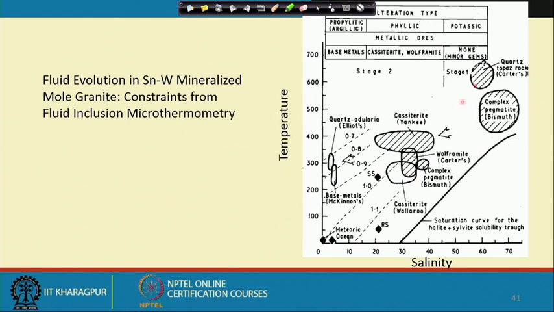So, that gave us a very good idea about the way the fluid evolved in space and time, after the waning phase of the magmatic fluid activity, with the boiling of the fluid. Then only it gave scope for the meteoric fluid to mix with it, and it finally ended up with a low temperature, low salinity situation when the sulphides deposited.